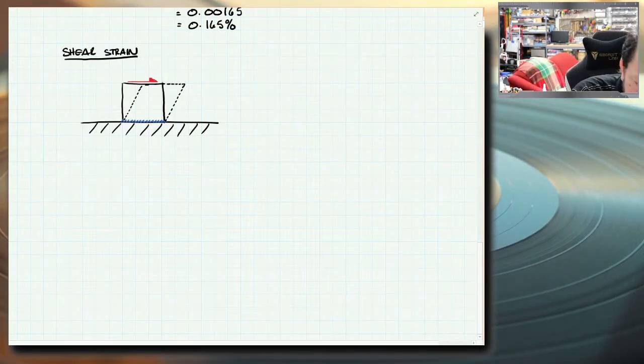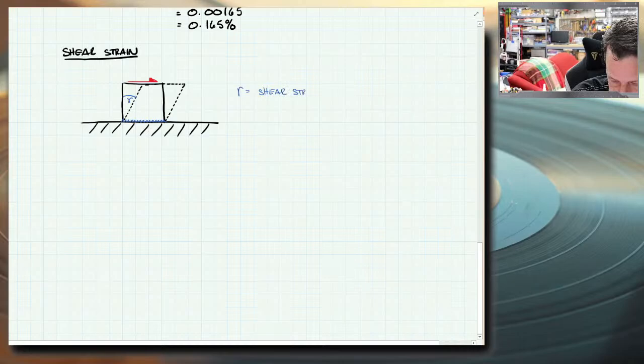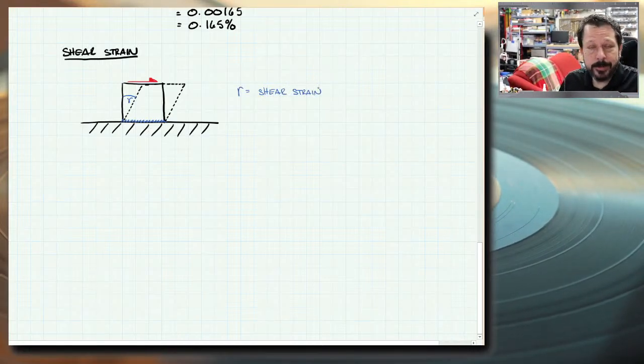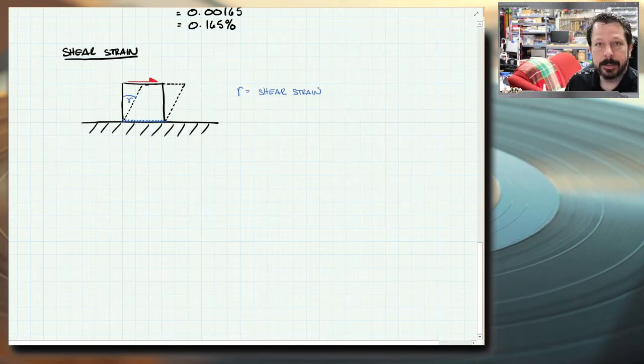The amount of skew right here is shear strain. So all we need to do is calculate that angle. This angle, the amount that the part has skewed, is shear strain.